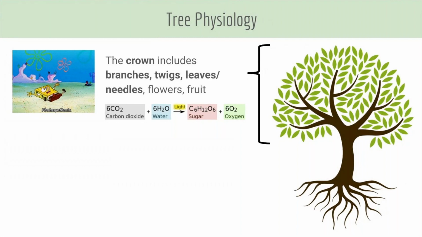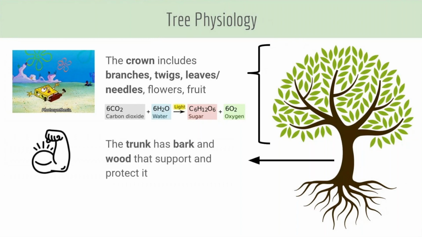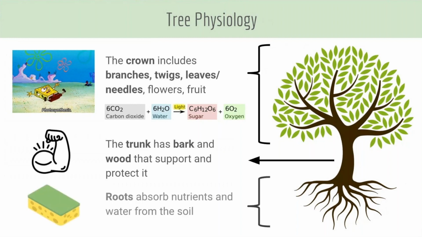This is also where photosynthesis takes place, the process by which a tree takes in carbon dioxide and water, and through using light, converts that into sugar and oxygen. Trees also have a trunk that has bark and wood, which supports the crown and protects it from external forces. Lastly, they have roots that absorb nutrients and water from the soil and anchor them to the ground.